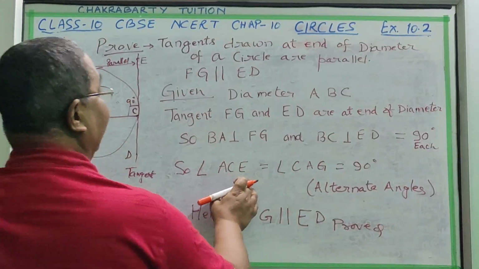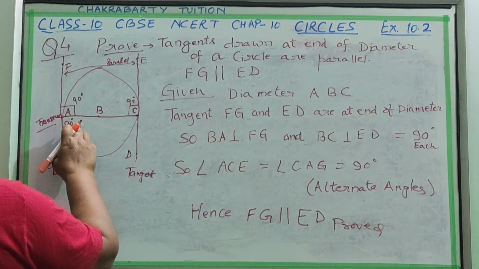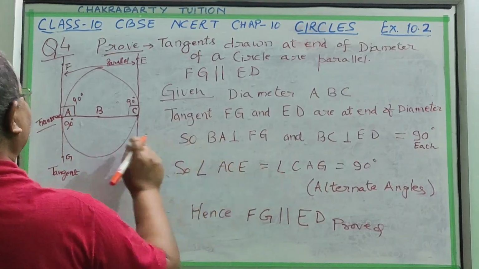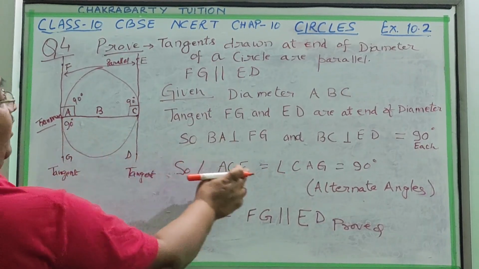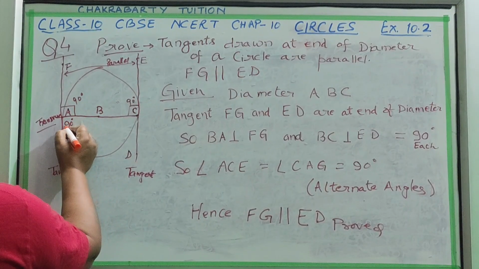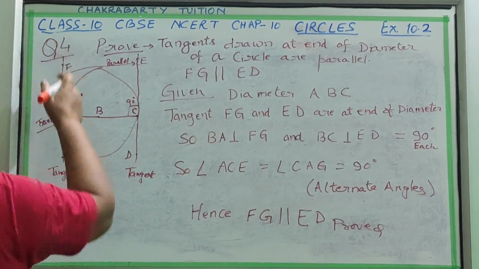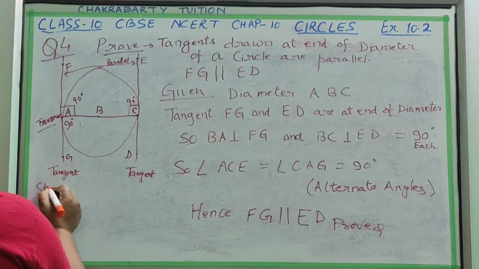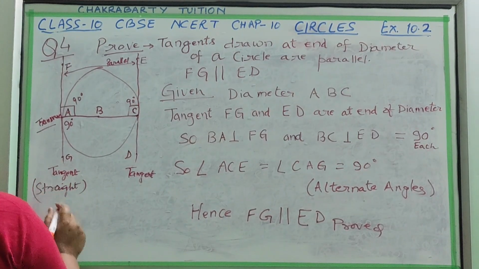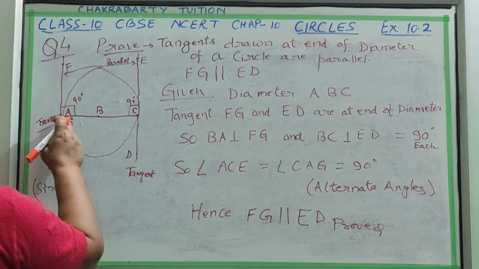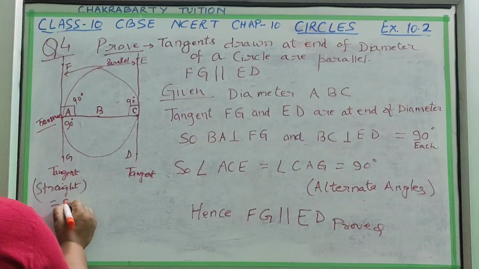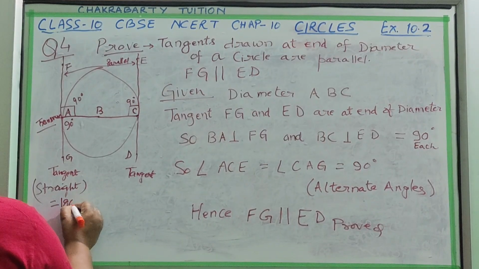It means angle ACE and angle CAG will be equal to 90 degrees. Why? If this is 90 degrees, the other, on a straight line, is also 90. A tangent is always a straight line. On a straight line, if you make two angles, their sum is always 180 degrees.